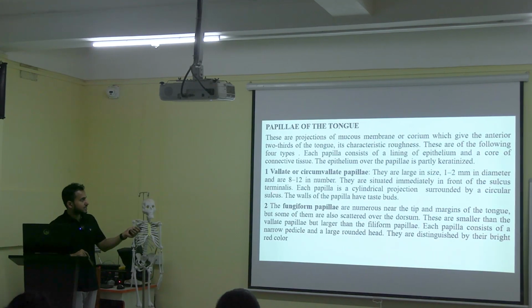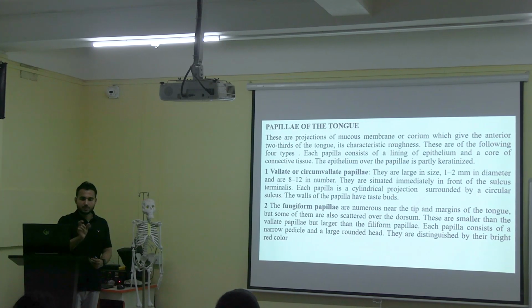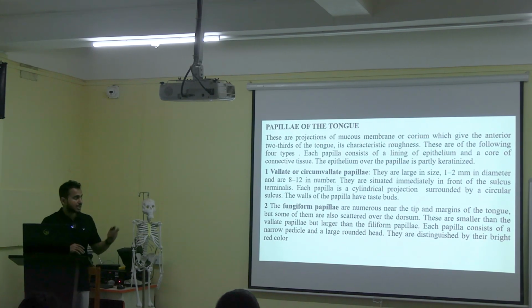Immediately in front of the sulcus terminalis. If you see the shape, it is a cylindrical projection surrounded by a circular sulcus. So the projection is cylindrical and a circular sulcus is there. In between one papilla and another papilla, a sulcus is there. And on the wall of the papillae facing those sulci, the taste buds are present.